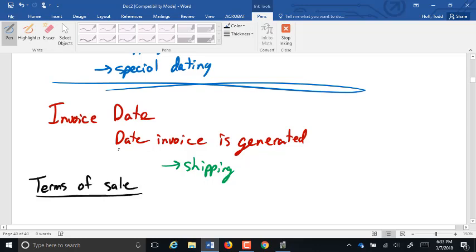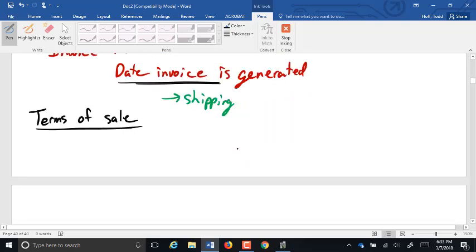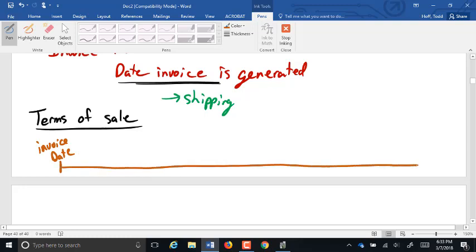Now we said the invoice date starts a timeline. That timeline is specified by the terms of sale. So at the beginning of that timeline, we have the invoice date. At the end of that timeline, we have payment due.